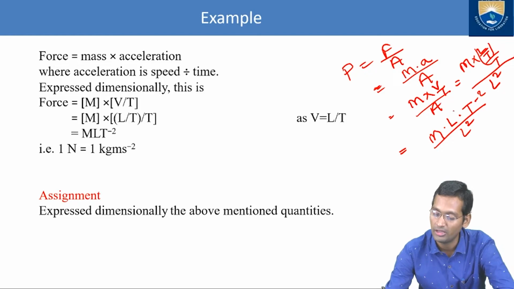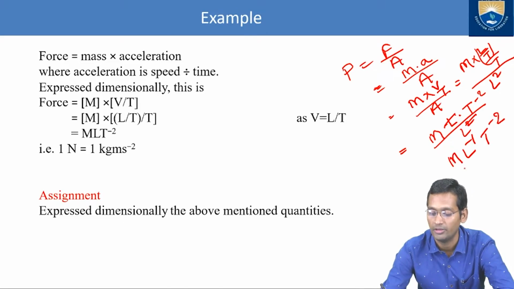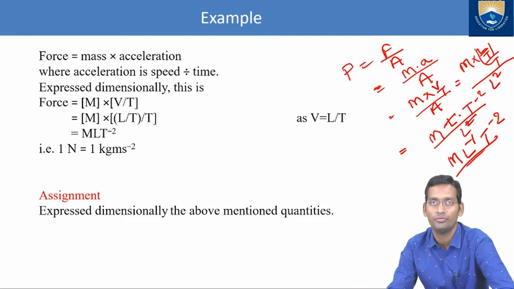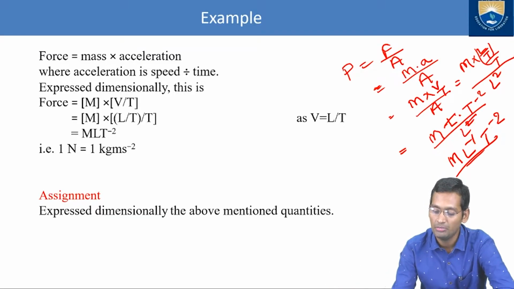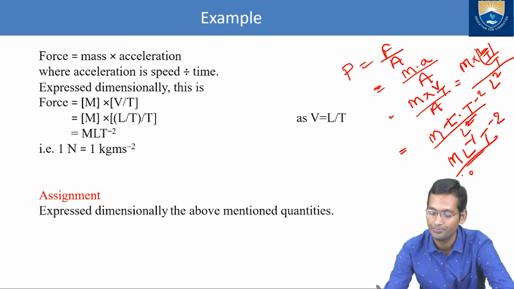Right. So from here what happened? This L will get cancelled. So from here what we will get? M, L minus 1, T minus 2. So this is the dimension of pressure. And same here we can derive, this is M. M is what? In kg. L is per meter because it's in the denominator, per second square.